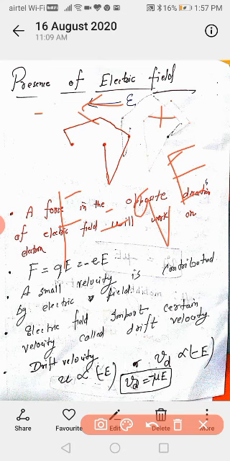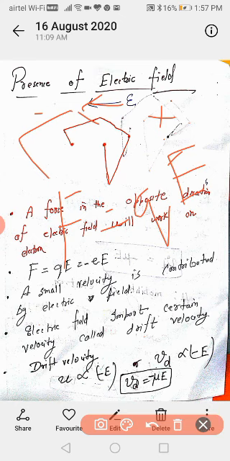Definitely when the force acts on the electron, the electron will move under the influence of that force also. The electron was initially moving like this, but now there is a force acting on the right side.